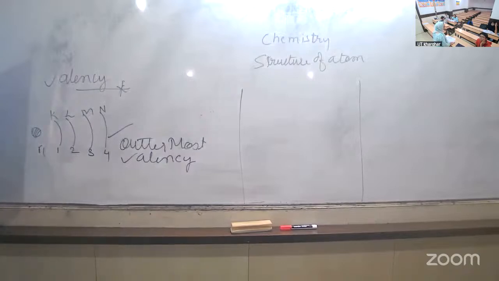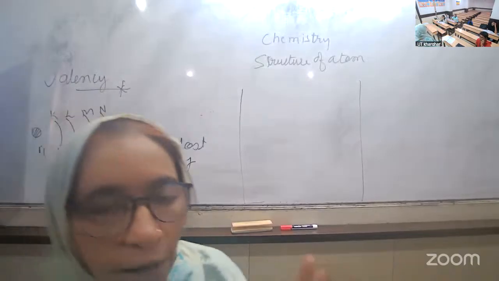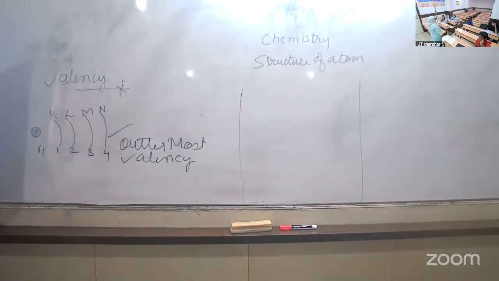What will be the electronic configuration? 2, 8 and 8, which makes 18. Now your reason: the valence shell is completely filled with the required number of electrons. So it will not undergo any bond formation, neither covalent bond nor ionic bond.